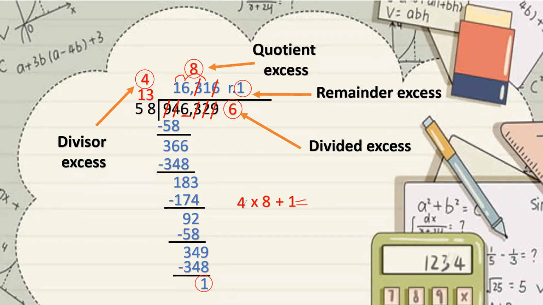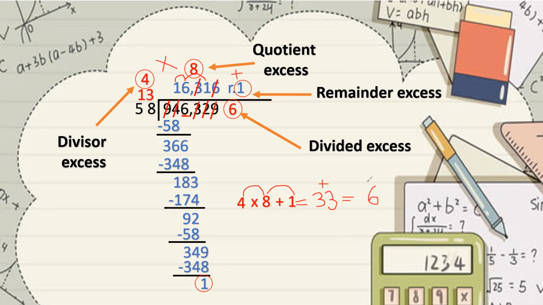Why this operation comes from is because these 4 times 8 plus 1. Now we have to say 4 times 8, 32, plus 1, 33. But we cannot write 33, so we have to say 3 plus 3 equal 6.